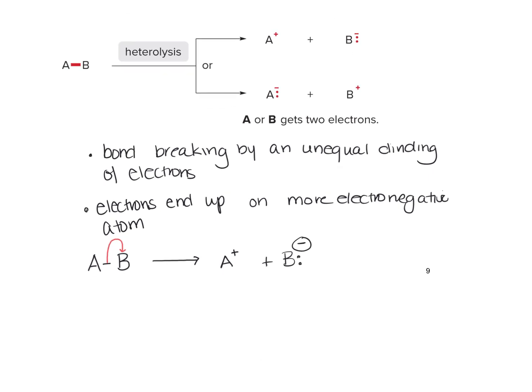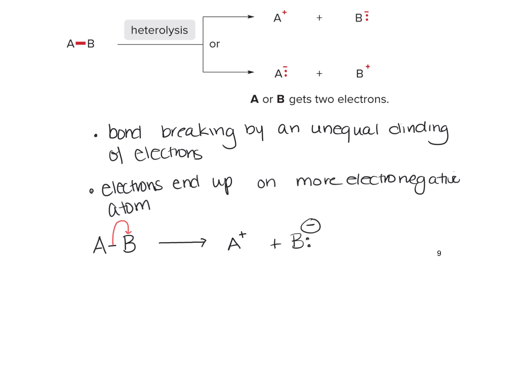So if these are carbon atoms, then we generate a carbocation. A carbon atom with a positive charge is called a carbocation. And then if these are carbon atoms, we generate with this negative a carbanion. And that's just a carbon atom with a negative charge.